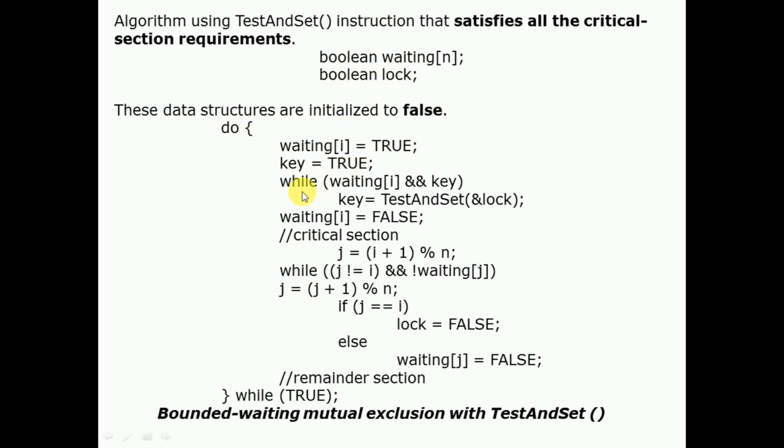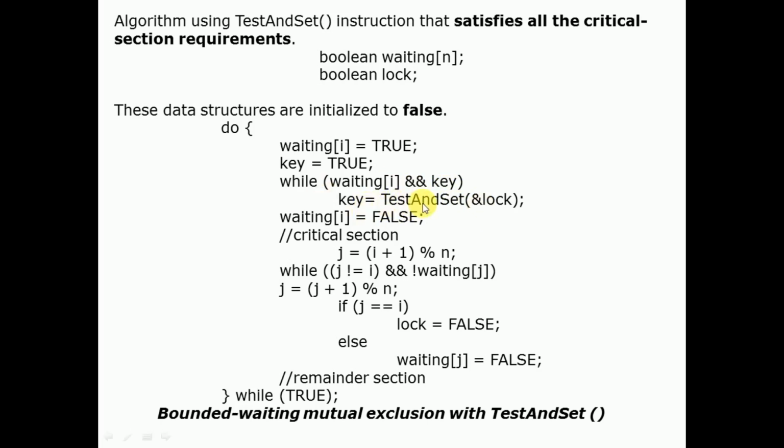Here, for process Pi, waiting[i] equal to true means presently Pi is waiting to execute in its critical section. Key equal to true means the permission can be granted. After that, while waiting[i] and key, when these two are true, we'll try to acquire the lock for the process Pi.